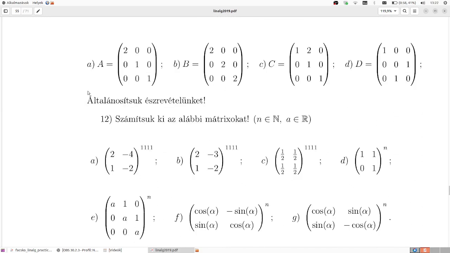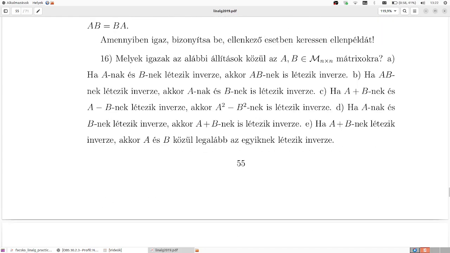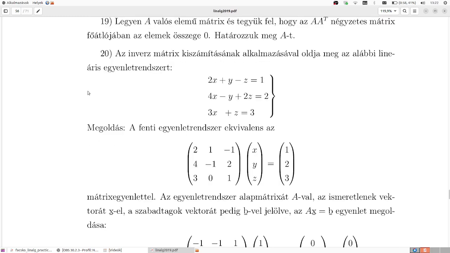The next type. Okay, we won't be able to fix this here, but this is the meaning of it. There is a system of linear equations, and the task is to solve it with matrix inversion.